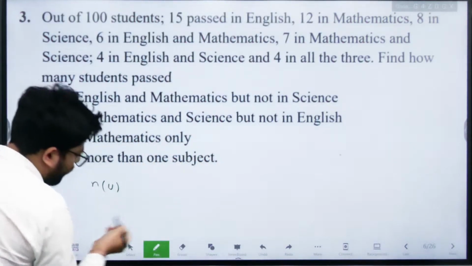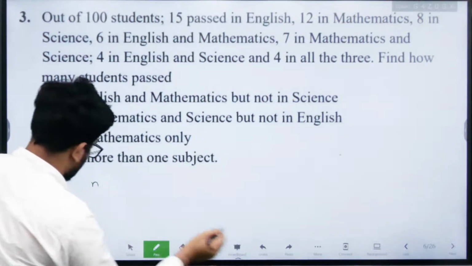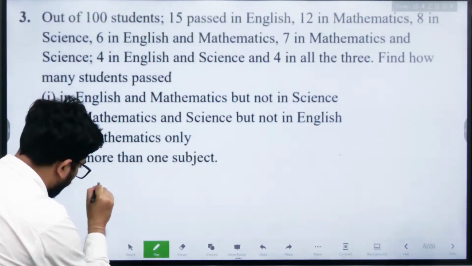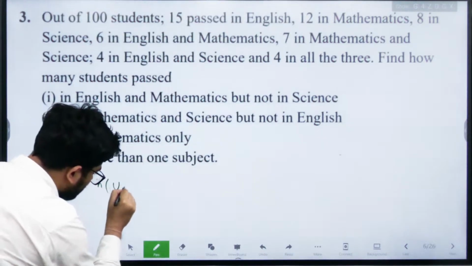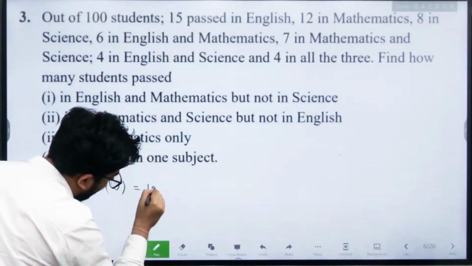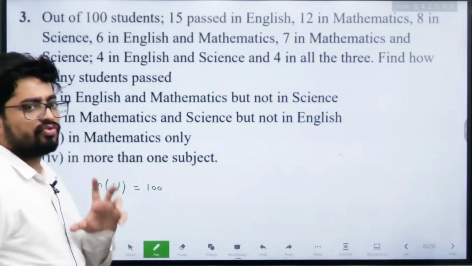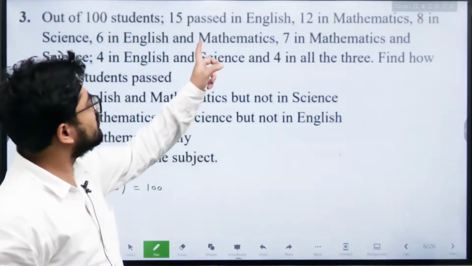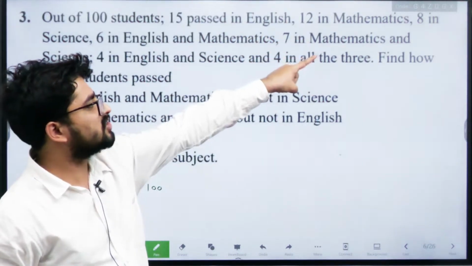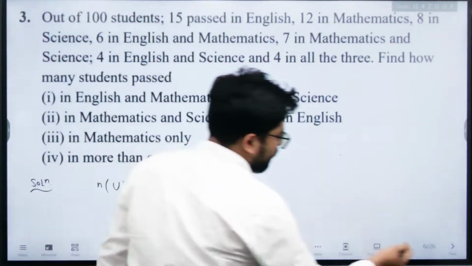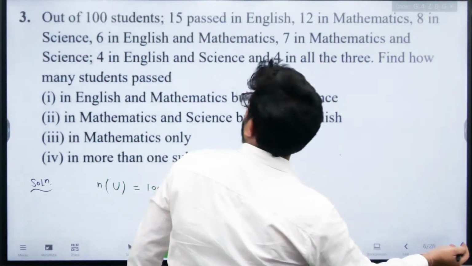The number of elements in the universal set is 100, the total number of students. Now we have three different subsets of this: students who passed in English, who passed in maths, and who passed in science.